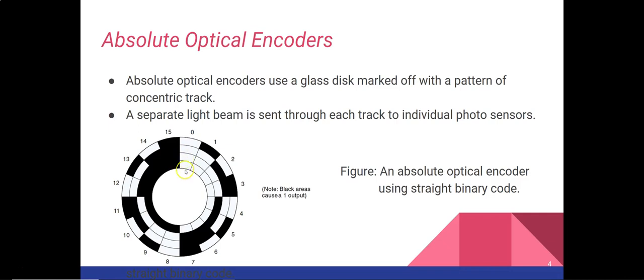So for example, for track 0, it will be 0, 0, 0, 0, whereas for track 1, the binary state will be 0, 0, 0, 1, and the same with 2 also, 0, 0, 1, 0, and so on. So at the 16th track, it's going to be 1, 1, 1, 1.